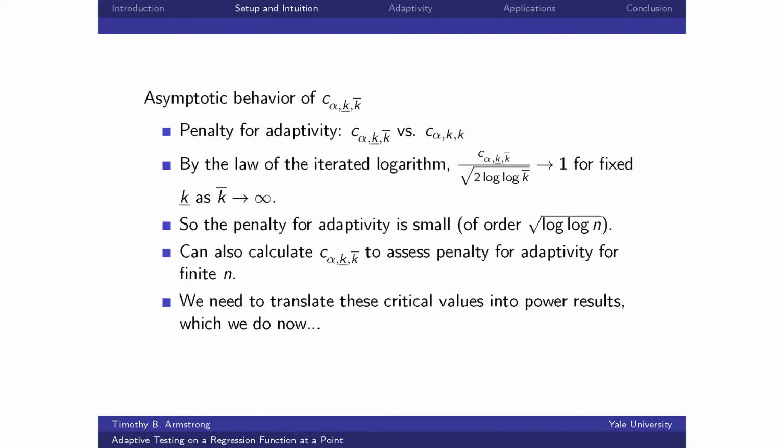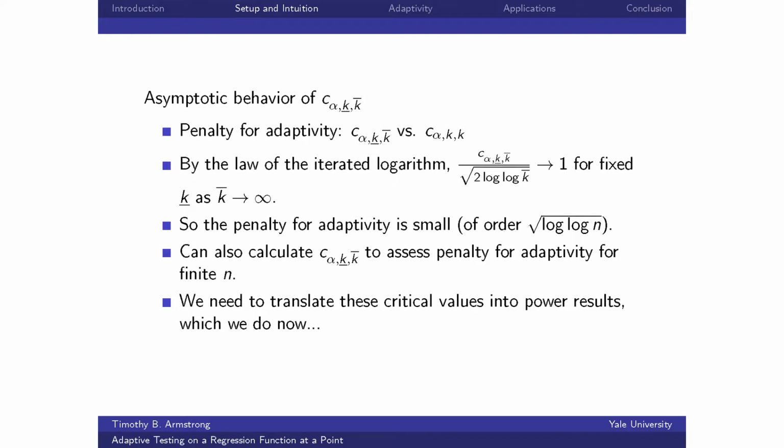So if we want adaptivity over the range from k lower bar to k upper bar, the penalty for that adaptivity in terms of power is the C alpha of k lower bar and k upper bar, versus just C alpha for the two k's being the same, which is 1.64 or whatever for alpha equal to 0.05 for a one-sided confidence interval.